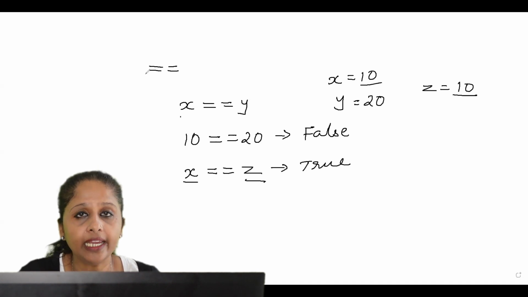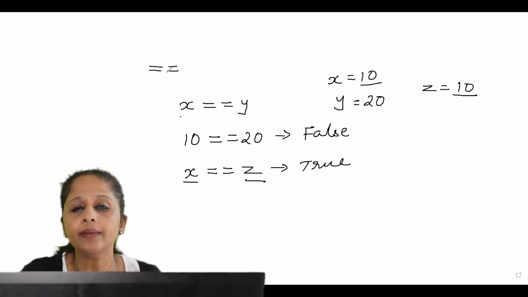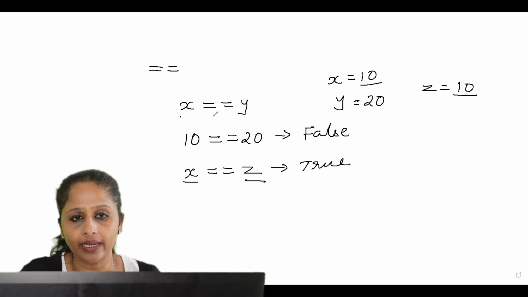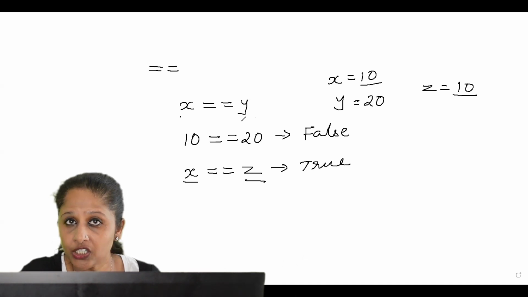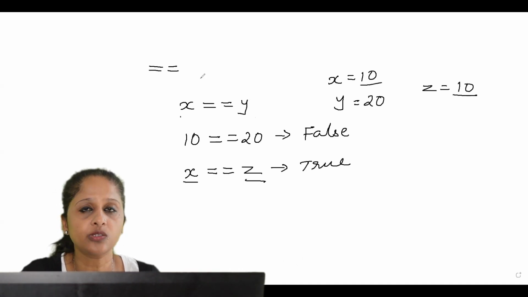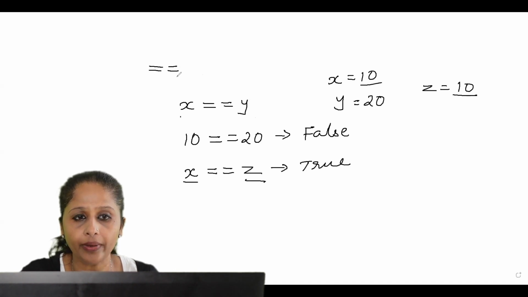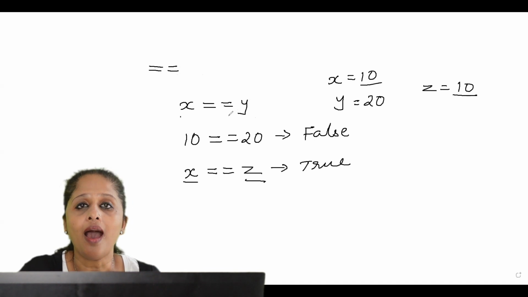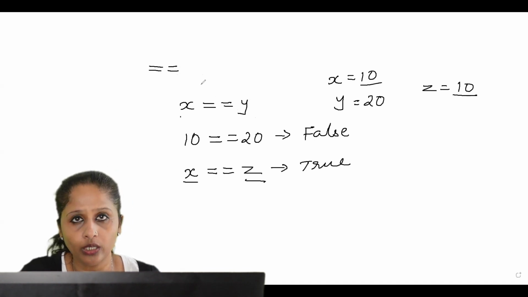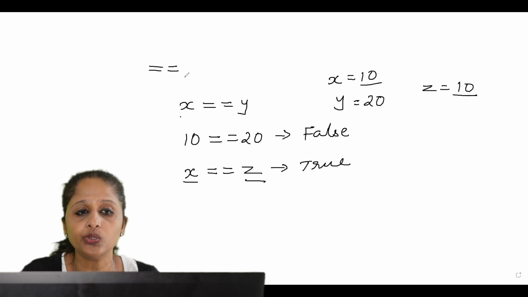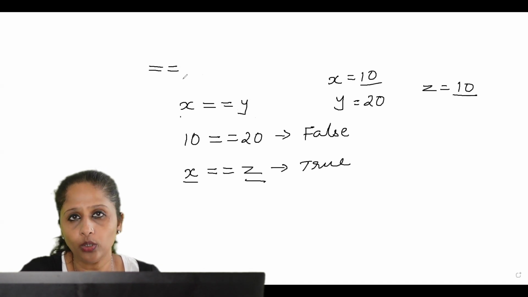So for checking equality, we are using the double equal to sign. It is a relational operator. Remember this one, it is very important. It checks whether the values are equal or not.